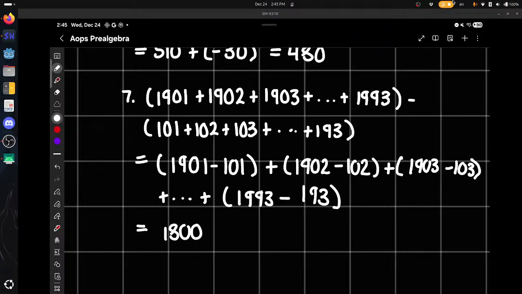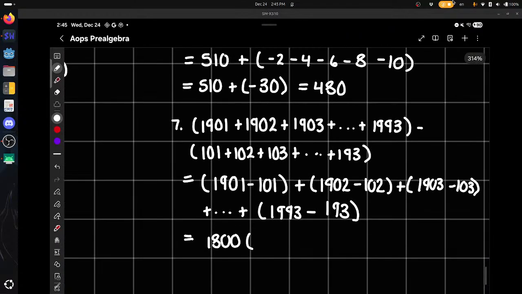Okay. Times what? What, 93 numbers? 92 numbers? How many numbers are actually here?